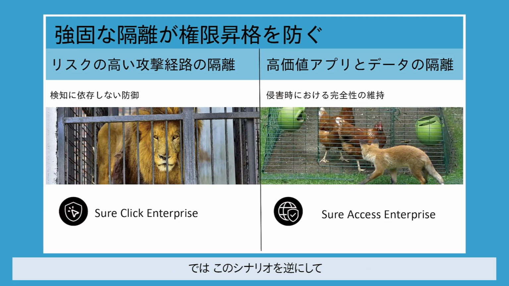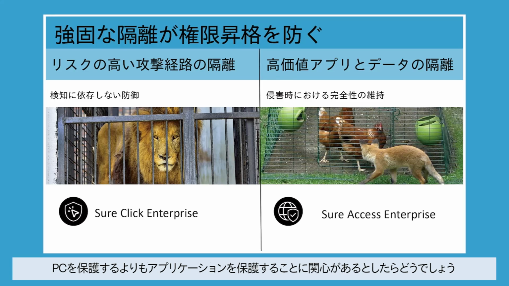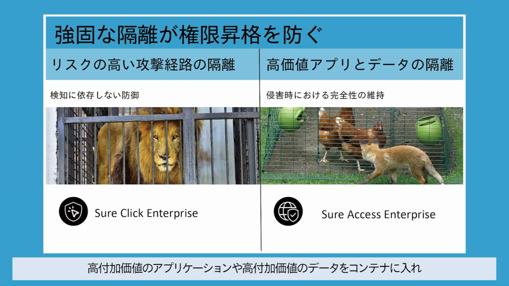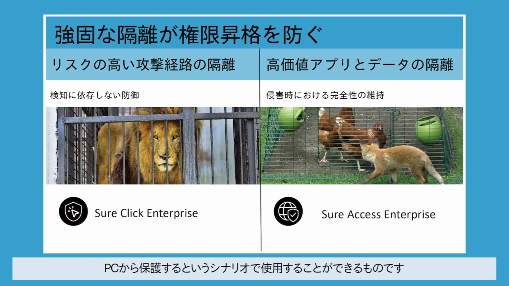Well, what if we had this scenario in reverse, where you actually were running a high-value application where you're more concerned about protecting the application than you are protecting the PC. And so we can use our isolation engine with SureAccess Enterprise in this scenario where we take your high-value application, your high-value data, and we put that into a container and protect it from the PC.